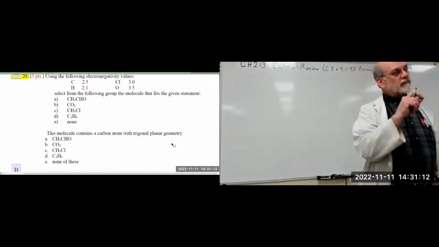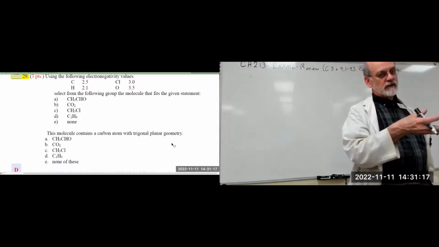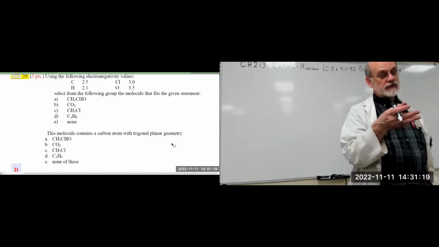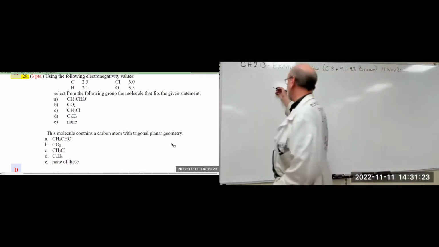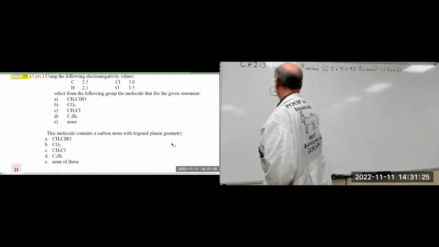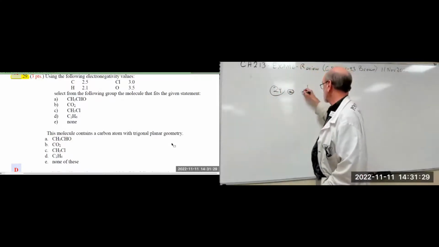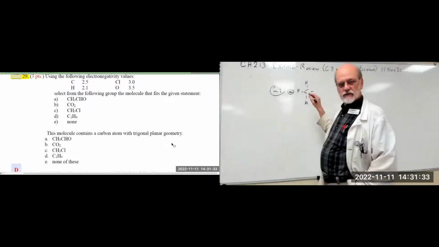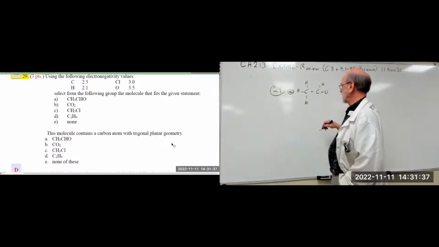Remember, you can have more than one center of symmetry in a molecule. And the first one is a good illustration. This one, let's see, 29. So A has this carbon bound to another carbon, which has a hydrogen and an oxygen.